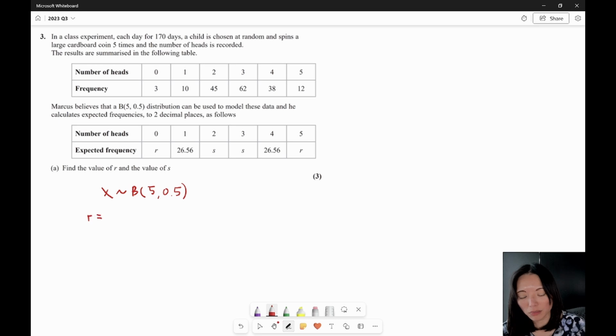So R is simply equal to 170 days times the probability of X equals 0, which effectively is the same as 170 times the probability of X equals 5 because it's symmetric.